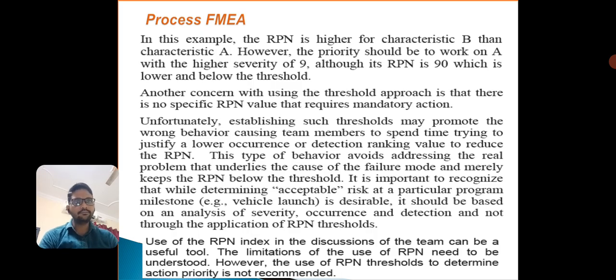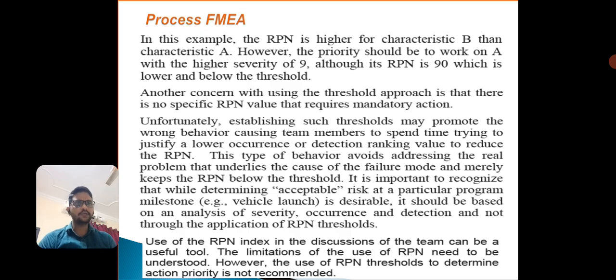This type of behavior avoids addressing the real problem that underlies the cause of the failure mode and merely keeps the RPN below the threshold. It is important to recognize that while determining the acceptable risk at a particular program milestone, such as vehicle launch, is desirable, it should be based on the analysis of severity, occurrence and detection, not through the application of an RPN threshold.